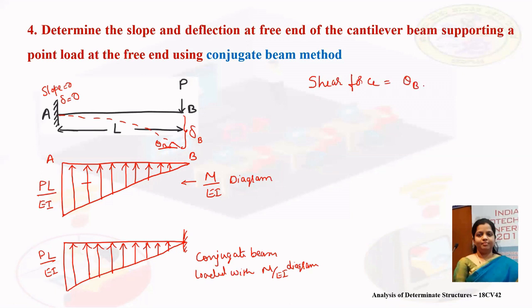Shear force is equal to theta B. Therefore, VB will be equal to area of triangle, which is half into base L and height PL by EI.